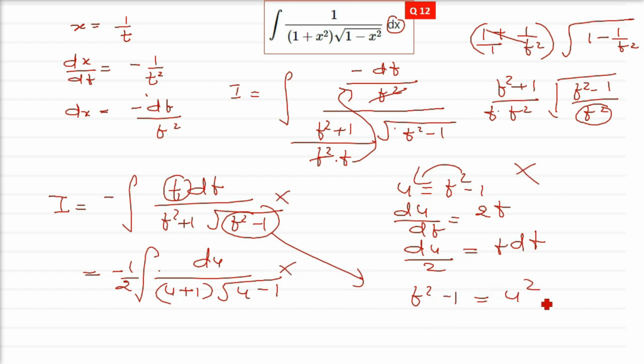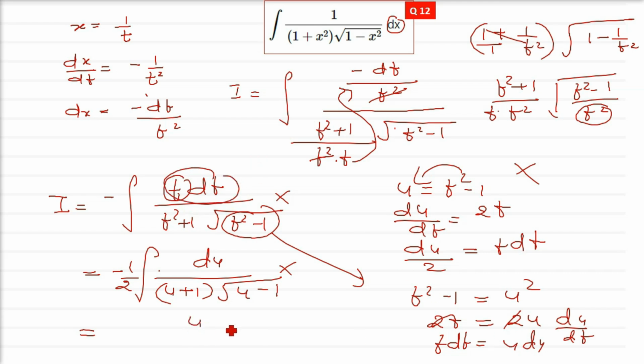Now all of this you can assume to have vanished. Now u square is differentiated, so 2u du by dt on the right and t dt on the left, because the 2 gets cancelled. So now I am not taking these two, but rather I am taking this u du in place of t dt, and in place of t square plus 1 and under root t square minus 1.